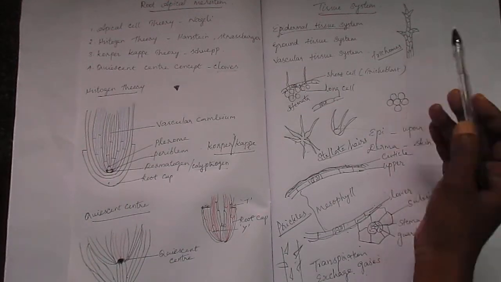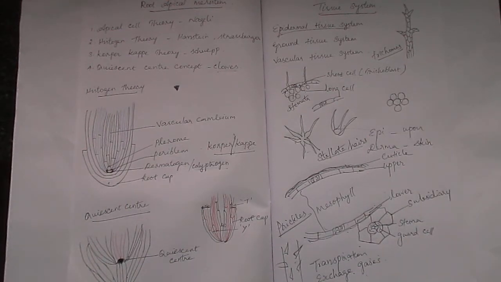The trichomes help in the dispersal of fruits and seeds, and also provide protection against animals. Prickles also provide protection against animals, and they also check excessive transpiration. In some rose plants, they also help in climbing. Glandular hairs repel herbivorous animals. So these are the functions of the epidermal tissue system.